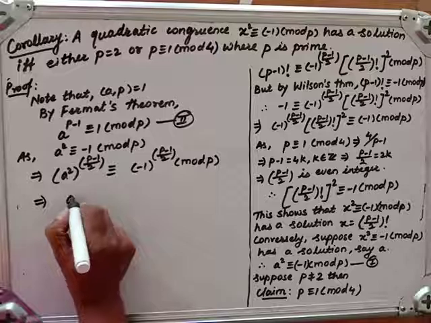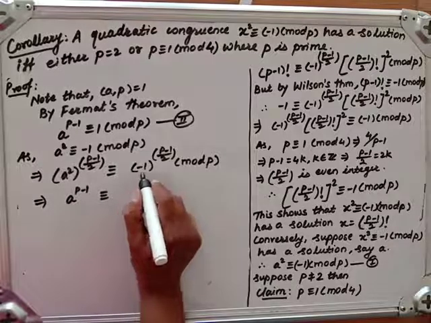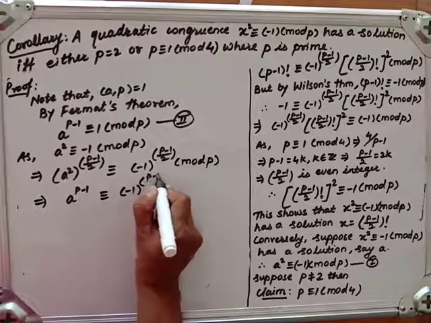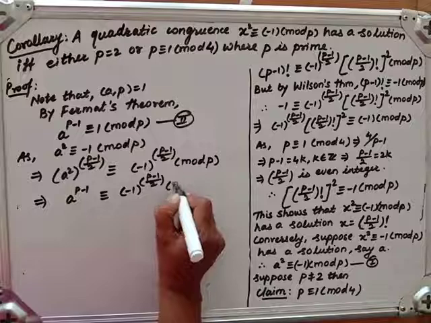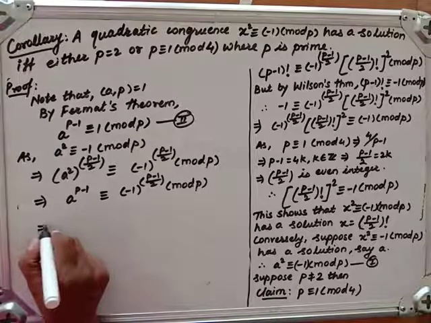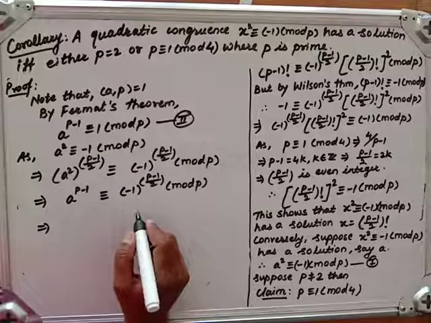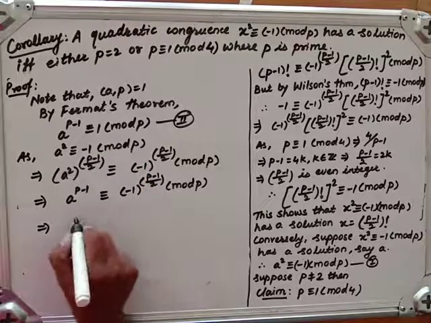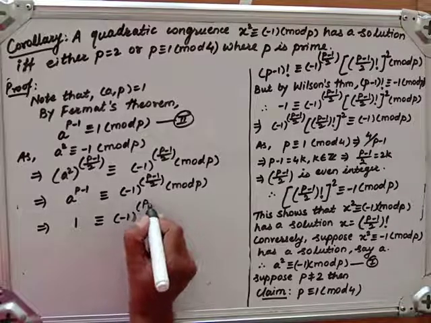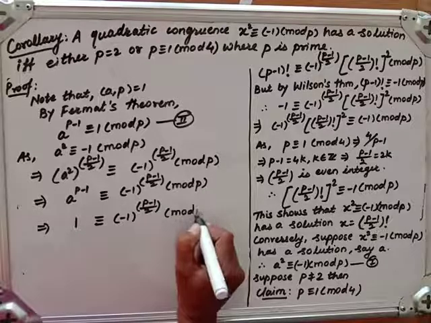So this gives A raised to P minus 1 congruent to minus 1 raised to P minus 1 by 2 modulo P. And that gives this part congruent to 1 from equation 2. So 1 is congruent to minus 1 raised to P minus 1 by 2 modulo P.